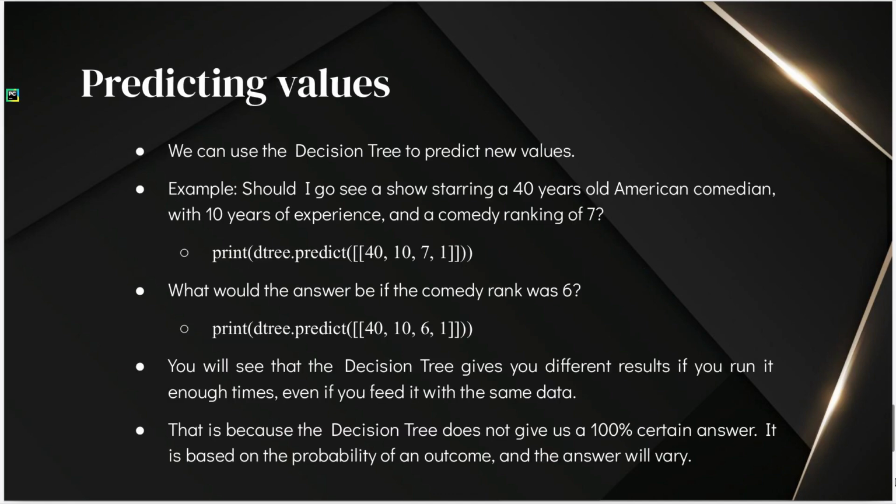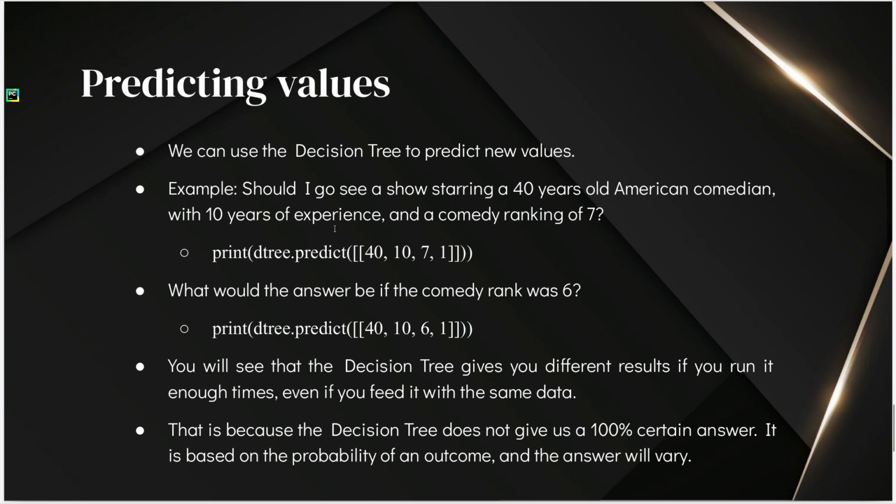So like I said, you can use the decision tree and the various nodes to predict new values. For example, you can ask, should you go and see a show starring a 40 years old American comedian who has 10 years of experience and has a comedy ranking of 7?